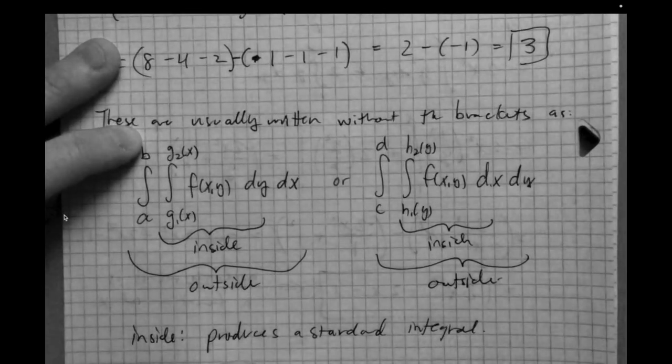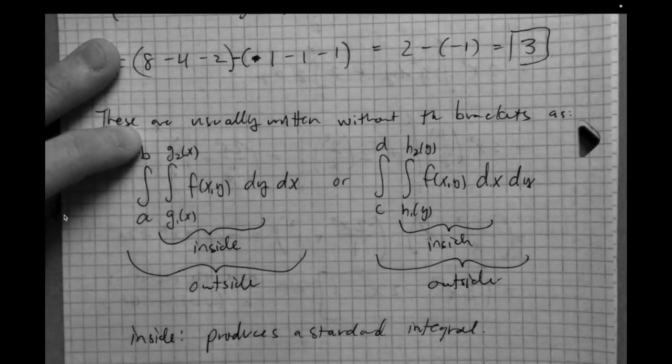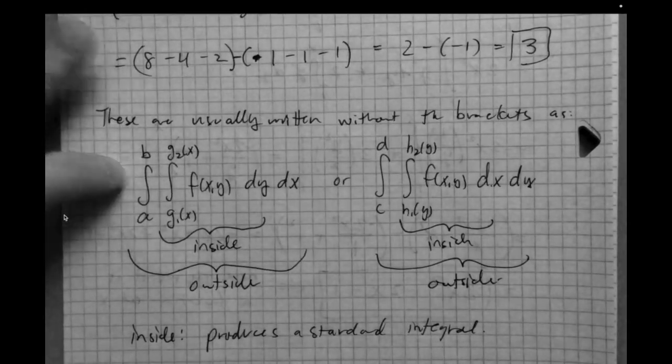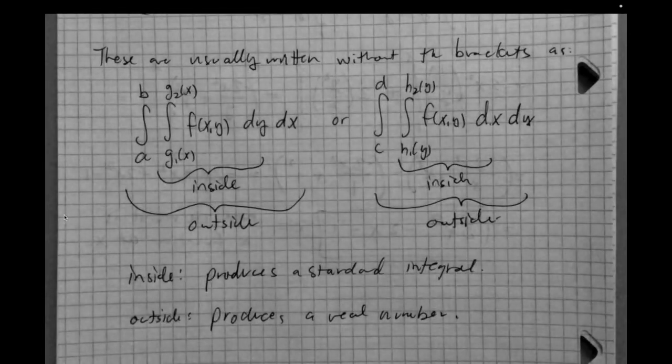Okay, and then the outside, what does the outside produce? A real number. So using this process, you can start with this kind of convoluted inside-outside integration setup, but what you end up with is a real number in the end, right?